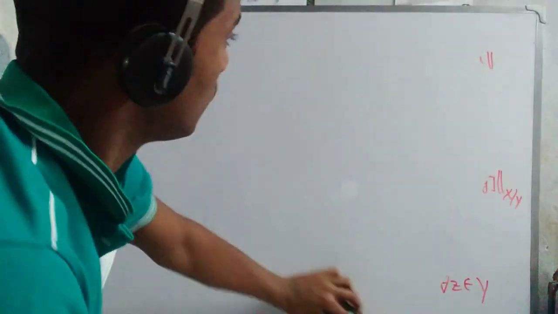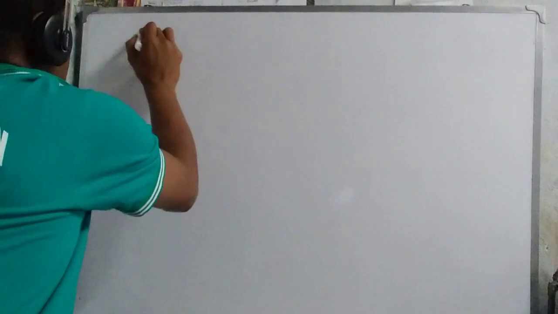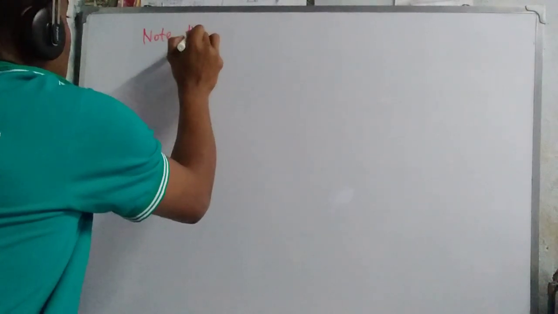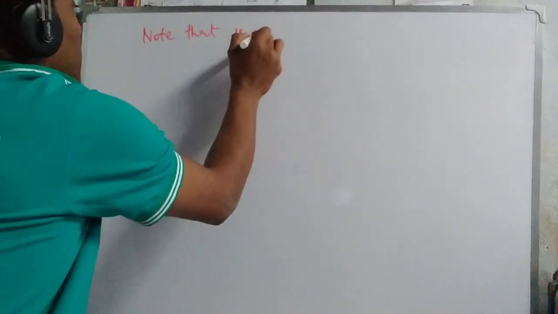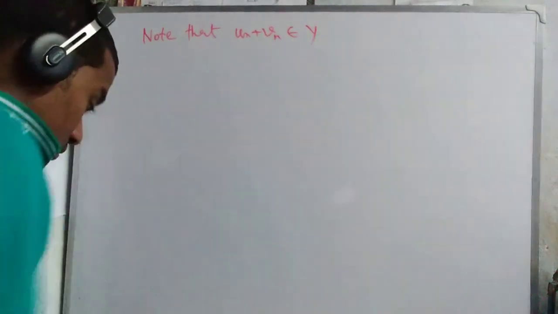Okay, so we're going to step by step manner, and where we arrive we write it now. Note that un plus vn belongs to y.